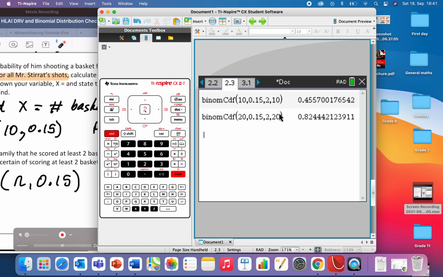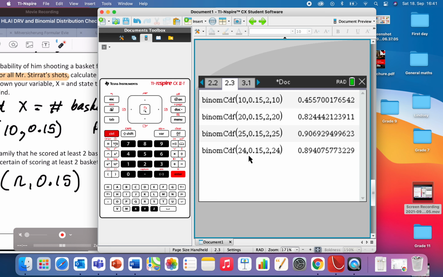So there you go. Already, if Mr. Stewart takes 20 shots at the basket with a 0.15 chance of getting a basket in, then you've got this increased probability, 82%. So we want to keep changing those numbers till we get somewhere just above 90%. Oh, that's good. And this is just guess and check, I suppose, would be the way of describing it.